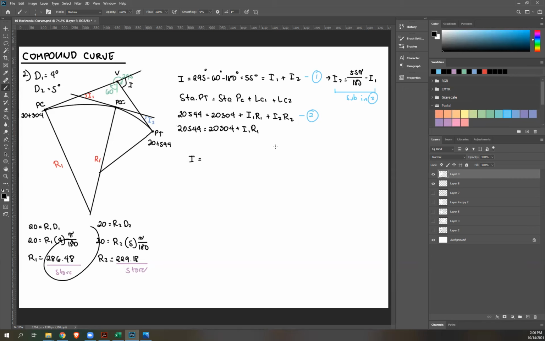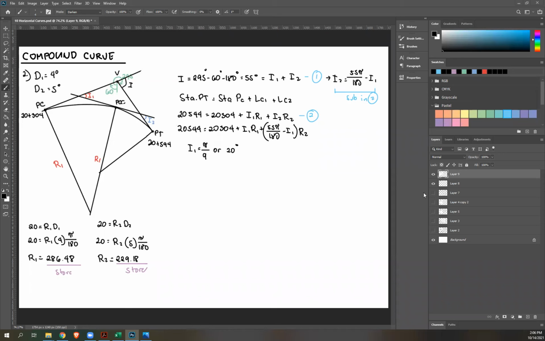Again, R1 is just this. Plus sub in I2. 55 pi over 180 minus I1. As you can see, only I1 is unknown. So you can solve for I1. And if you do that, you'll get I1 equals pi over 9. Or convert that to degrees, 20 degrees.